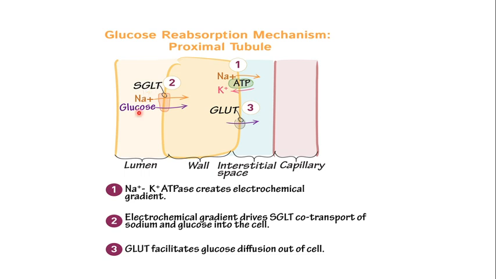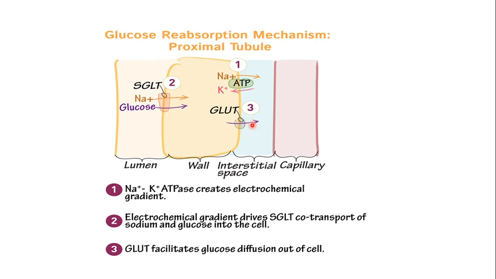Now when the glucose moves here, the concentration of glucose increases, and in the interstitial space the concentration of glucose is low, so the glucose moves into the interstitial space by passive diffusion, because it is moving from higher concentration to low concentration.